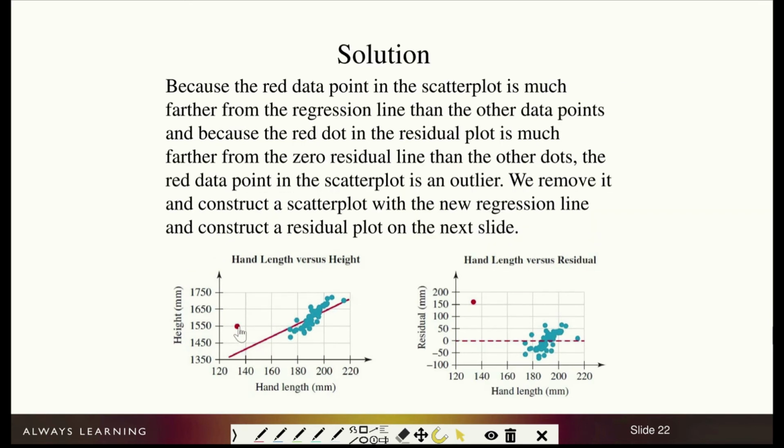Now, because this point is so much further from the linear model as well as from the residual plot, we know we're looking at an outlier, right? So in order to find out whether it's what we call an influential point or not, we go ahead and remove it, right? And then do a new scatter plot and see how dramatically it changes.